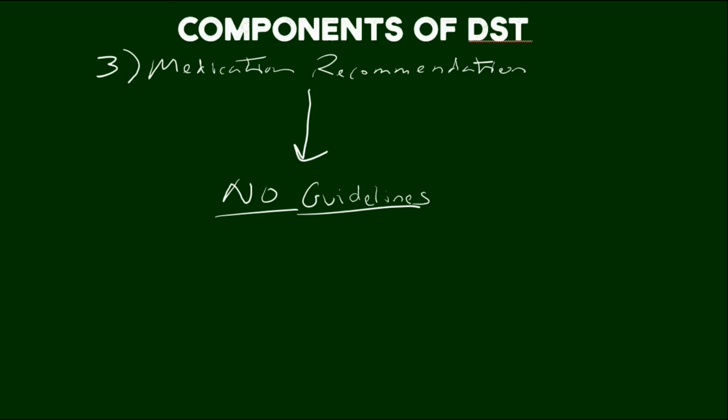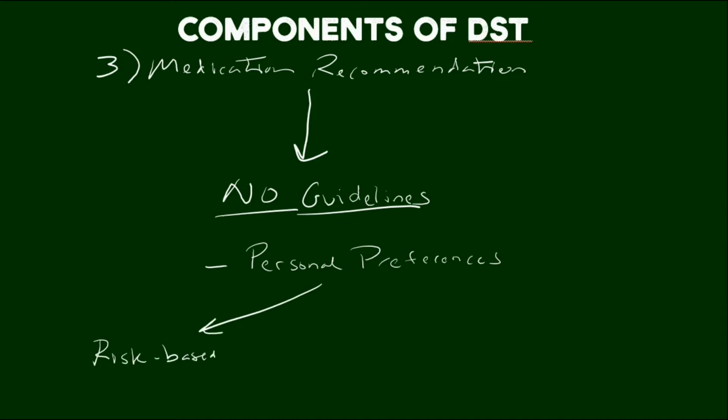So really what this comes down to is which ones actually have peer-reviewed evidence to support their medication recommendation section, which we'll talk about in a different video, and personal preferences, because these sections usually come in two different forms. Those two forms are risk-based and dose-based.